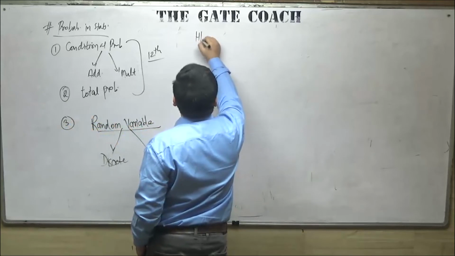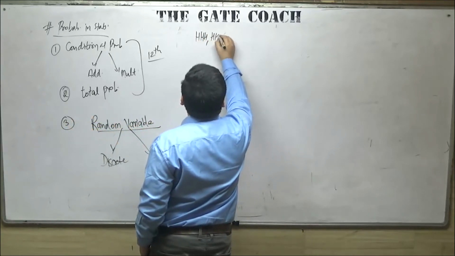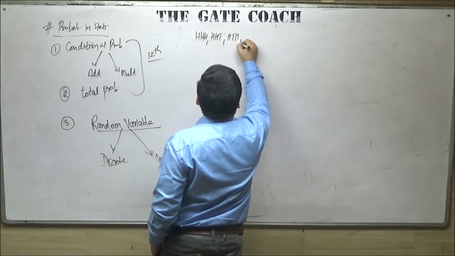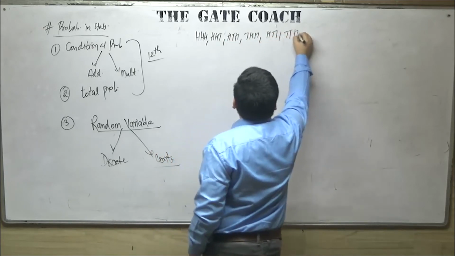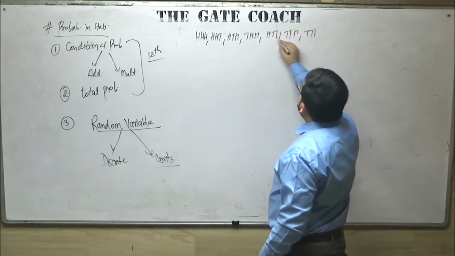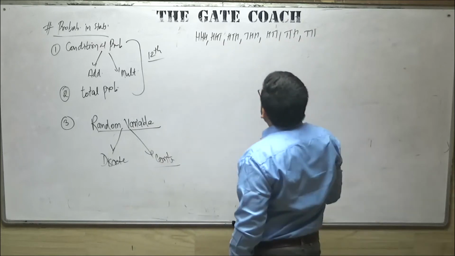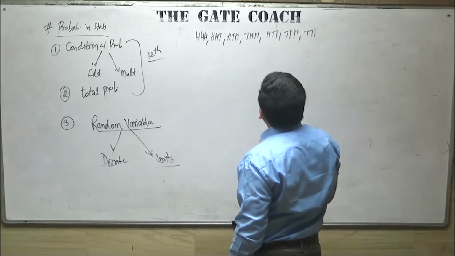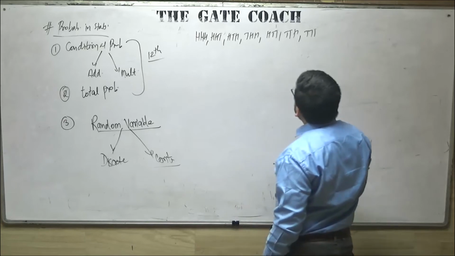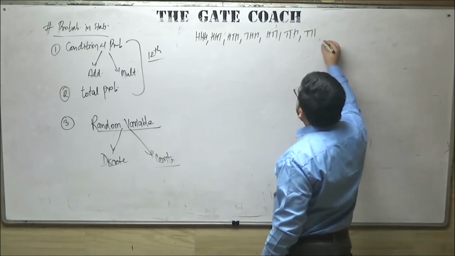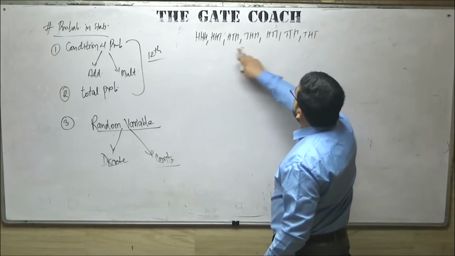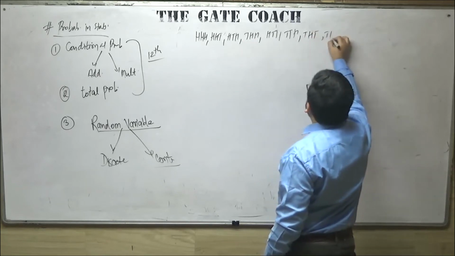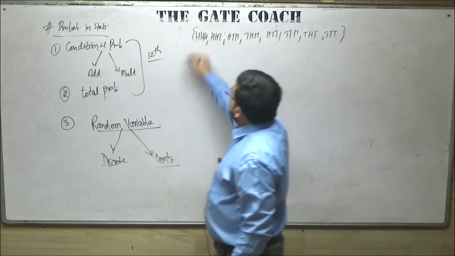So the sample space will be head, head, head; head, head, tail; head, tail, head; tail, head, head; head, tail, tail; tail, head, tail; tail, tail, head; tail, tail, tail. So this is the sample space.